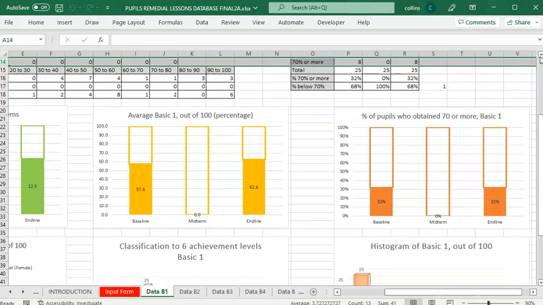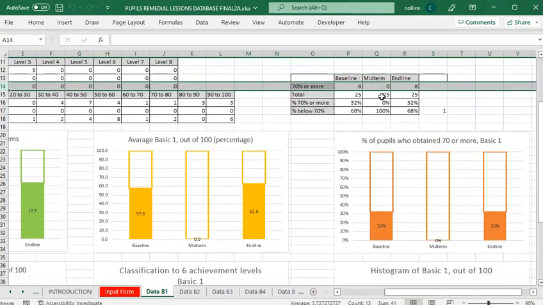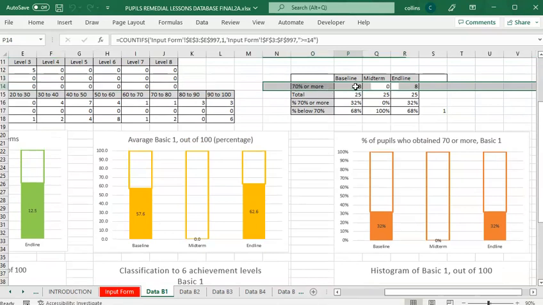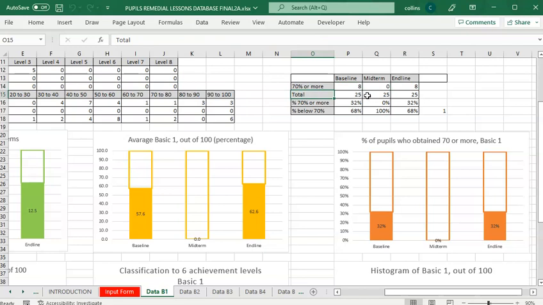So here it gives us information as to how many people scored 70% or more, and it was 8. Okay, at the endline too, it was 8. The total enrollment in basic one was 25 for both the endline and the baseline.